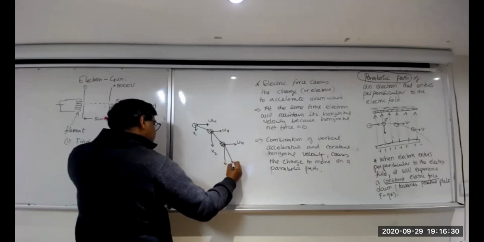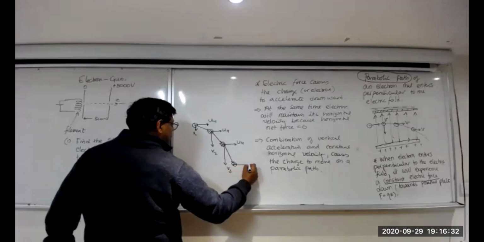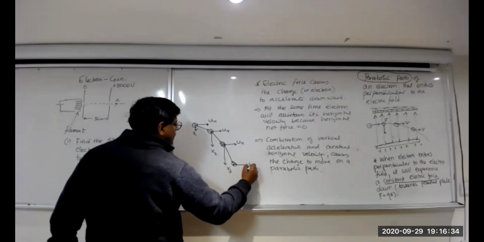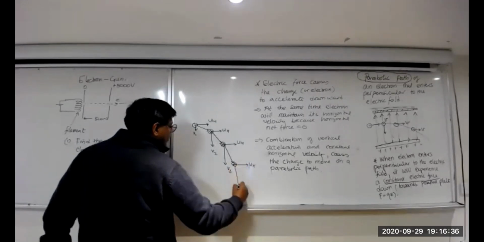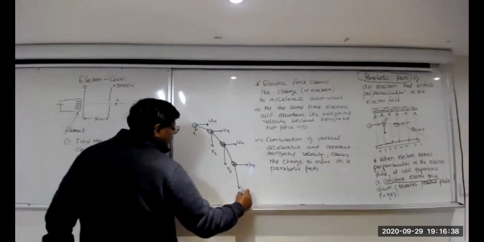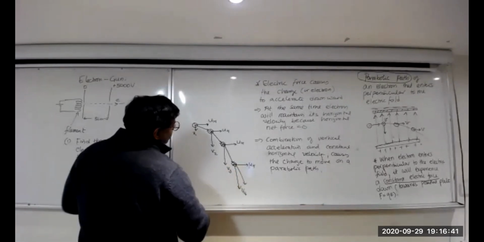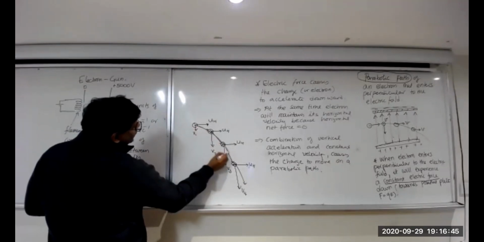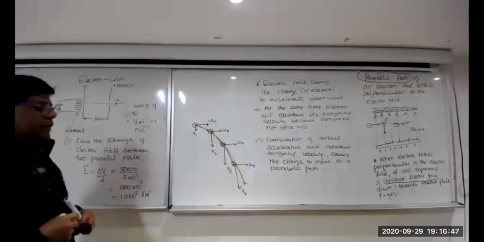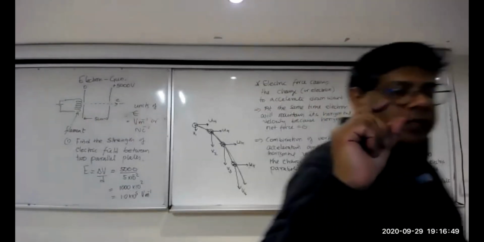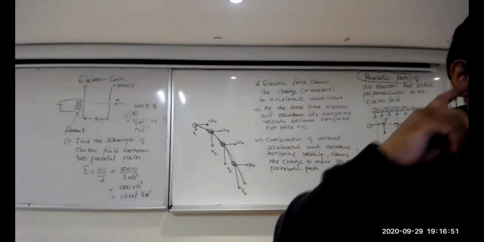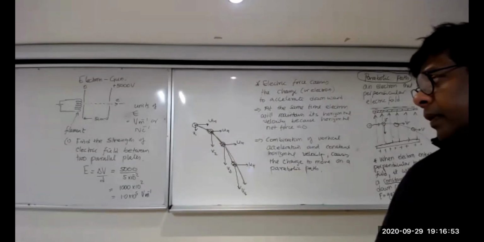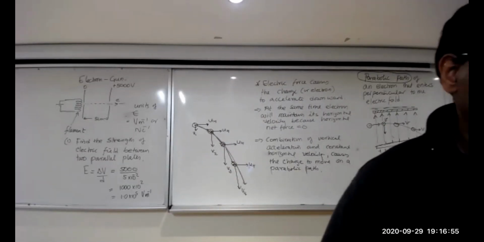If I exaggerate more, as horizontal remains constant, vertical is getting bigger. If you look at the path, you can see why it goes in a parabolic path, because of your vertical acceleration. You're speeding up downward, but horizontally it stays constant.